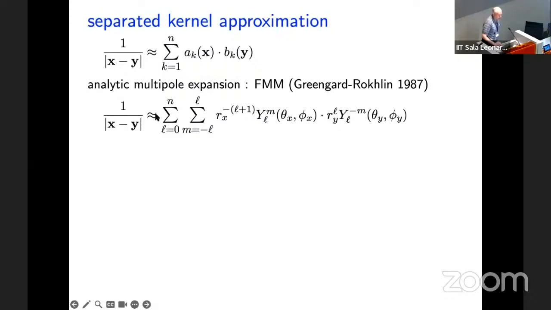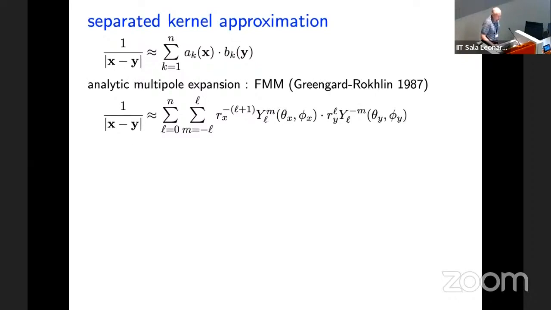So here's the Coulomb potential expanded in terms of spherical harmonics. The r_x, theta_x and phi_x are the spherical coordinates of x, and the corresponding spherical coordinates of y are over here. It has this form, and this is an important ingredient in the fast multipole method.